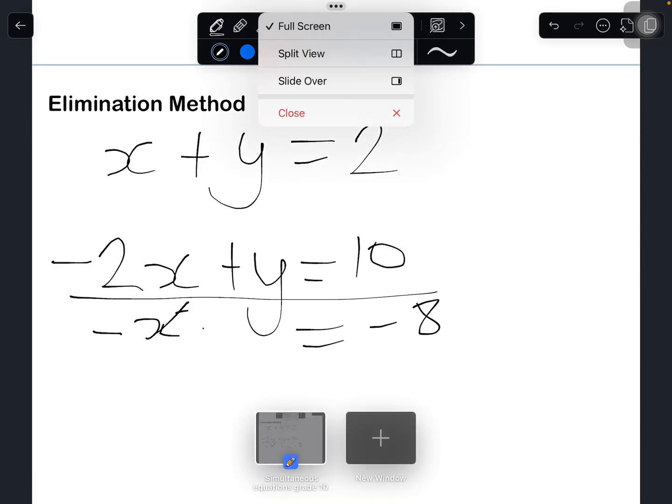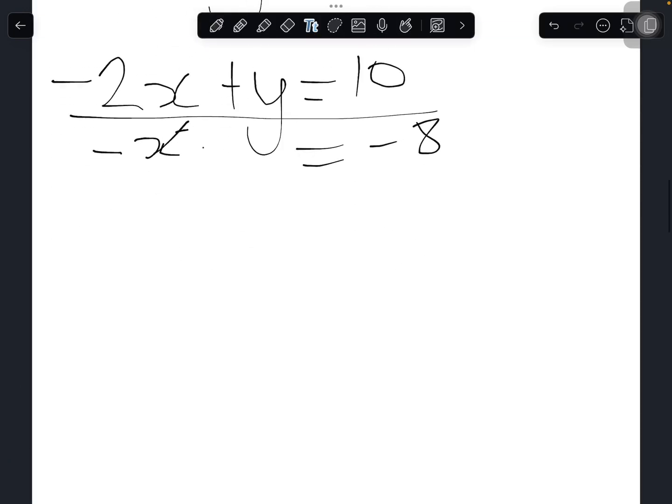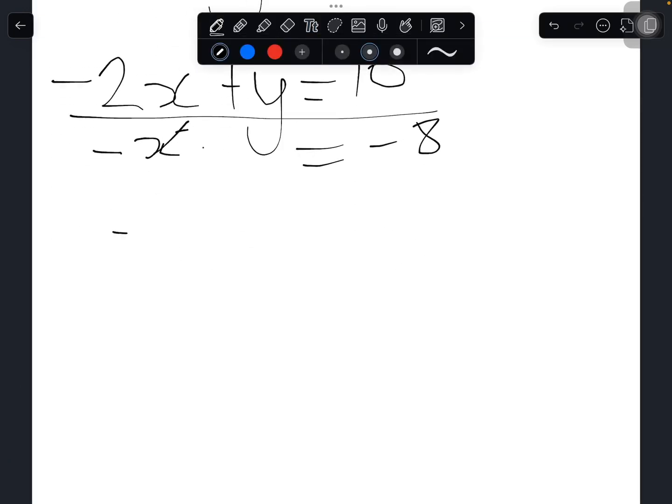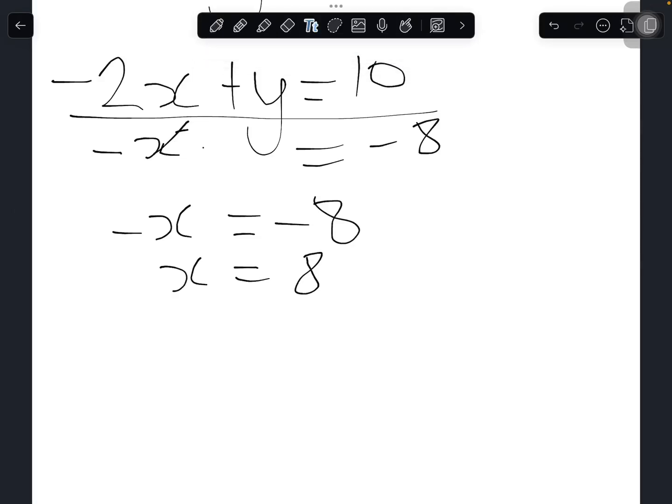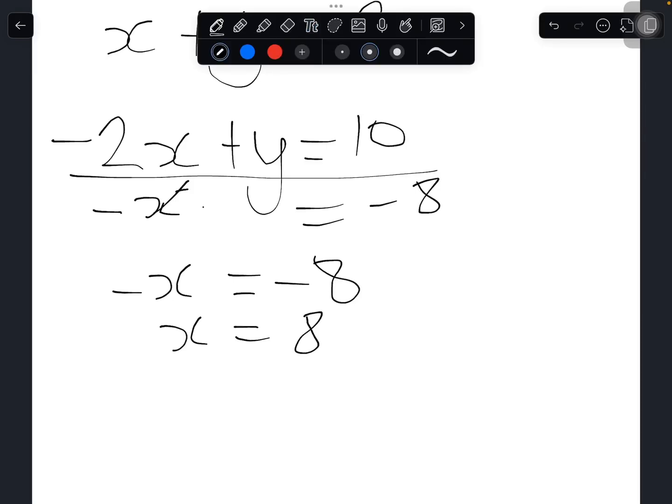Since we have that, we can say that negative 8 equals negative x, and then you get x equals 8. Now that we know that x equals 8, we substitute back into one of our equations.